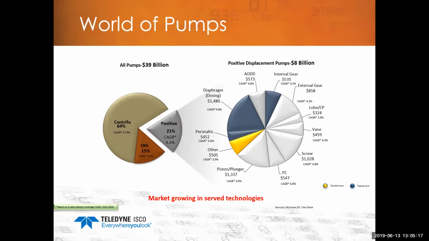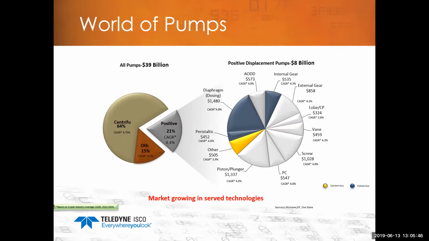When you break out the positive displacement pump market, you've got many different types: screw pumps, vane pumps, lobe pumps, gear pumps, diaphragm pumps, peristaltic, piston pumps. The other category is actually where syringe pumps play. We know there are a lot of syringe pumps in the world, your tabletop, your full-size syringe pumps, or the box syringe pumps. So that's how fractured the pump market is.